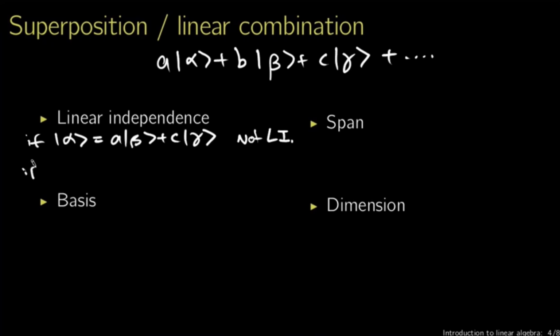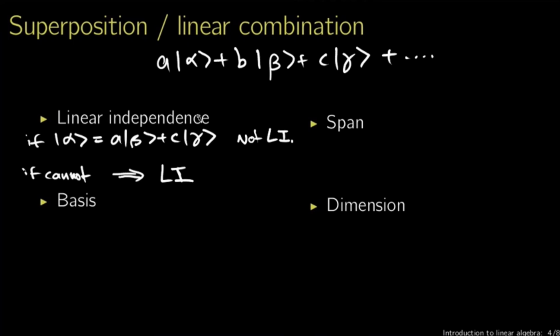If, however, I cannot write alpha as a sum of beta and gamma multiplied by appropriate scalars, if there is no choice of a and c such that I can make a sum of beta and gamma that equals alpha, then we have a linearly independent set. Alpha would be considered linearly independent of beta and gamma if it cannot be made by a linear combination of beta and gamma.